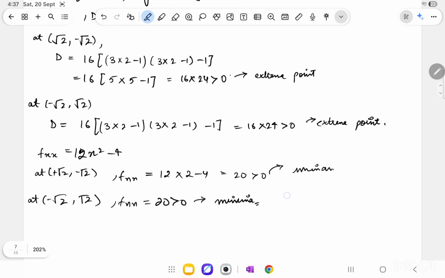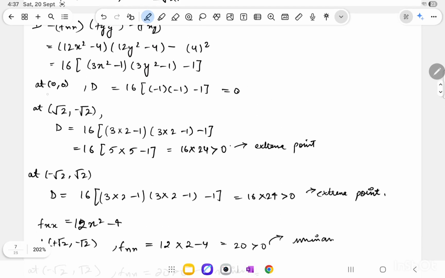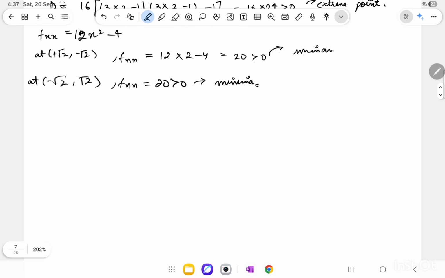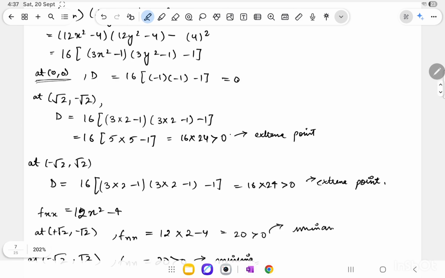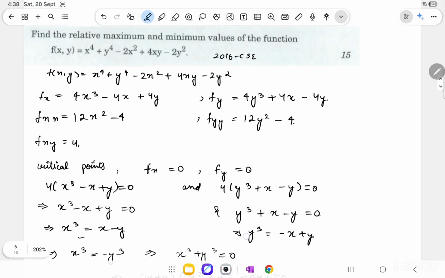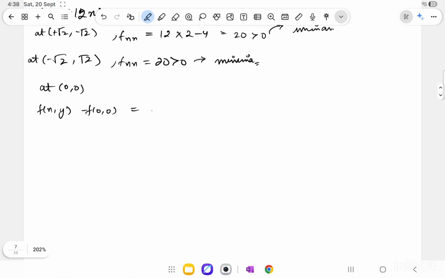Now let's investigate the point (0, 0). So at (0, 0), f(x, y) minus f(0, 0) will be basically x raised 4 plus y raised 4 plus 4xy minus 2x square minus 2y square, minus f at (0, 0), which will be 0 only.